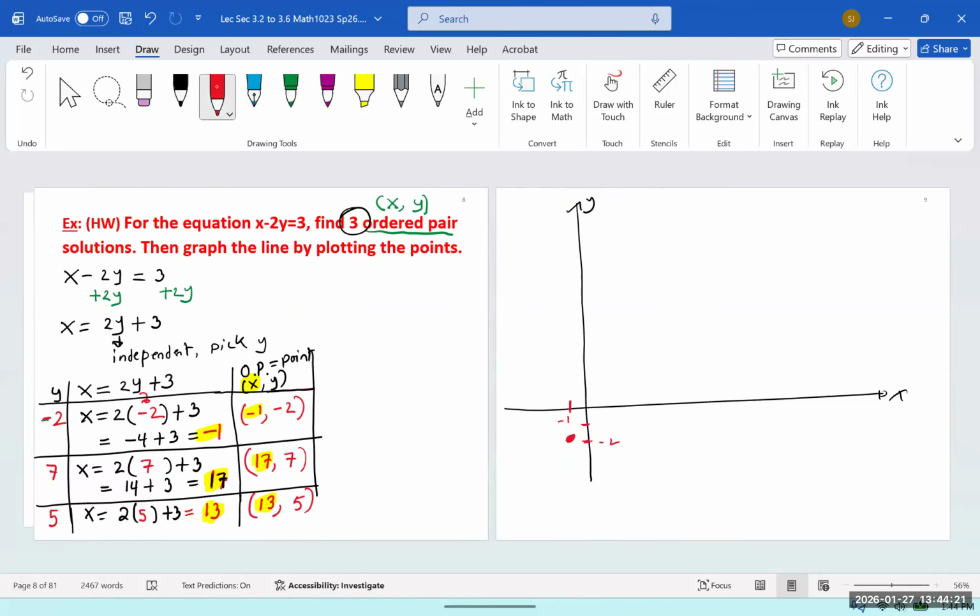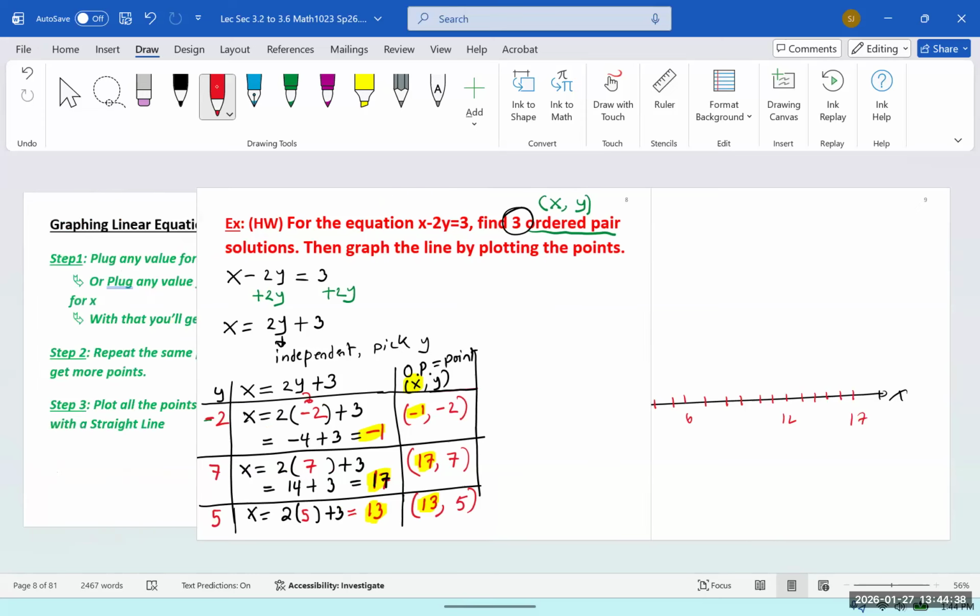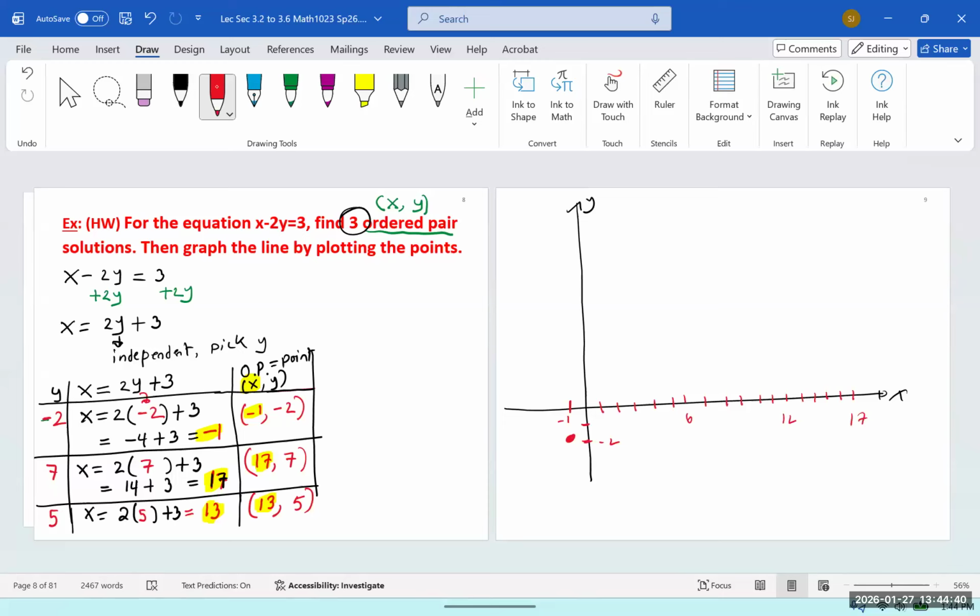Next point is 17, 7. So 1, 2, 3, 4, 5, 6, 7, 8, 9, 10, 11, 12, 13, 14, 15, 16, 17. This is 17, and then 7. So 1, 2, 3, 4, 5, 6, 7.